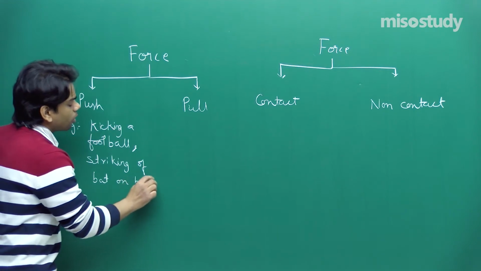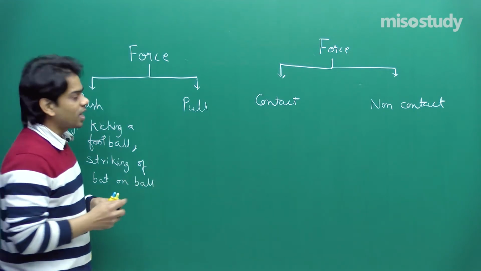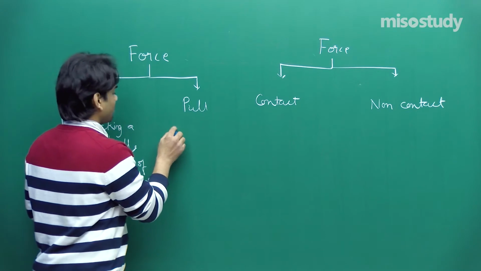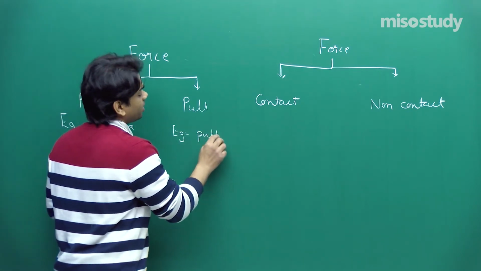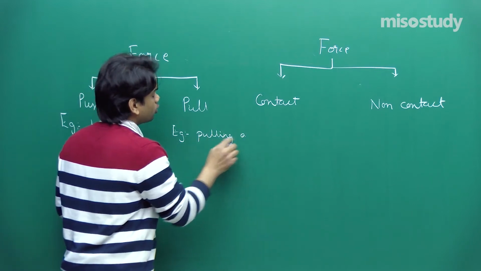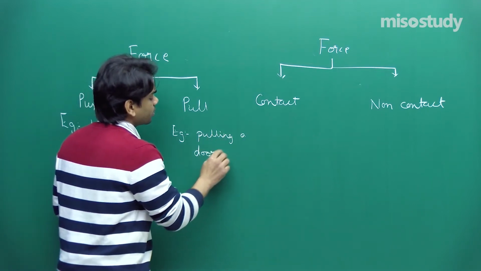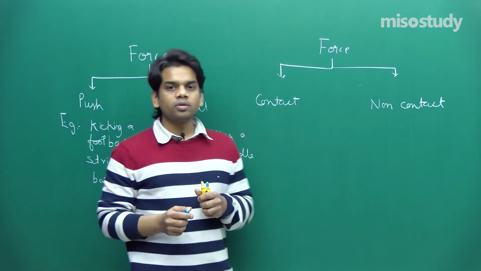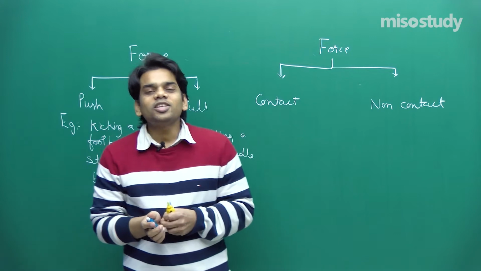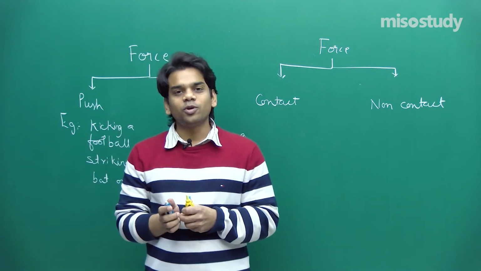Now if I talk about pull effect, you can pull the door handle. Example: pulling a door handle so that the door may be opened will give you a pull effect.